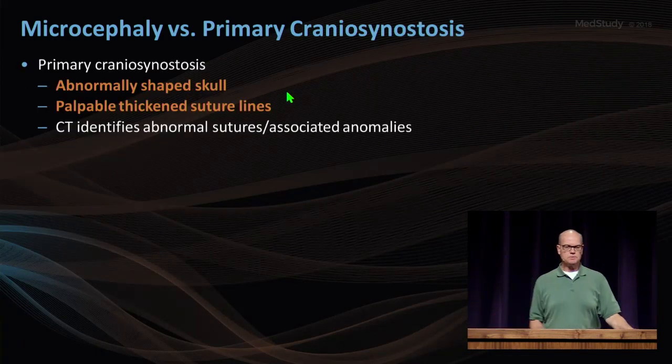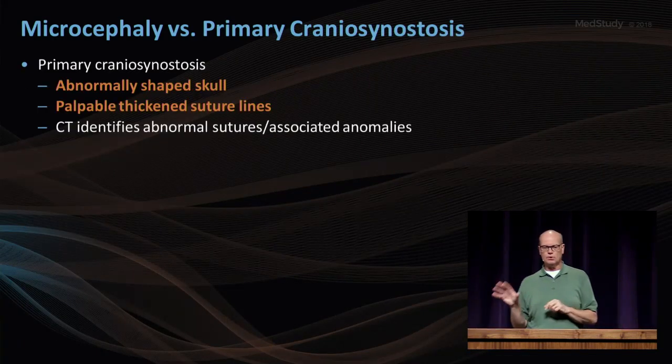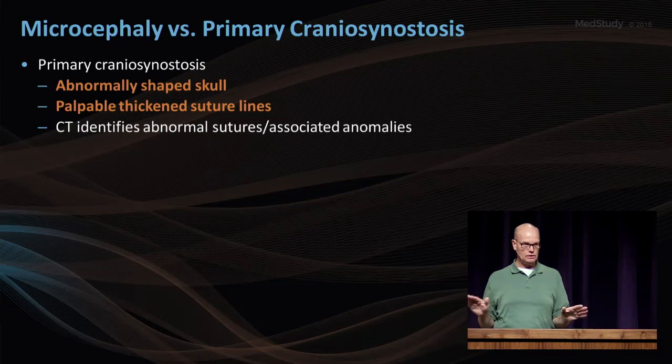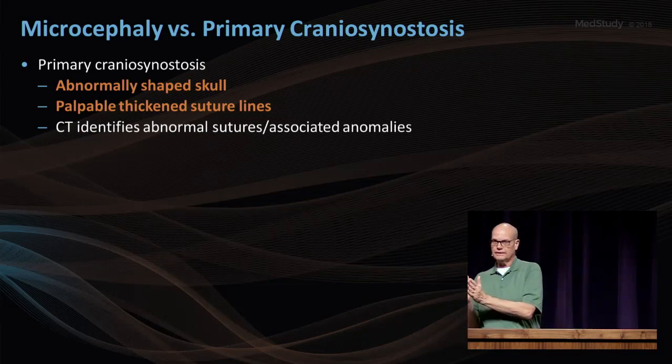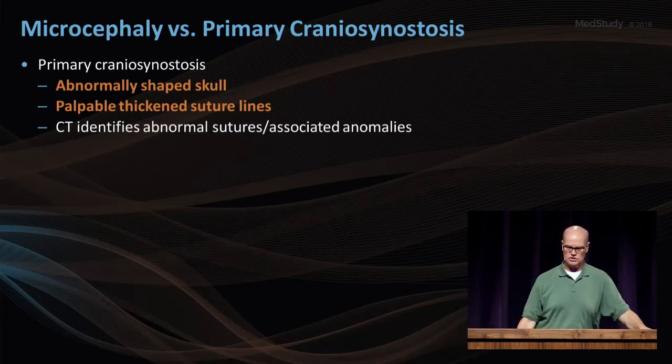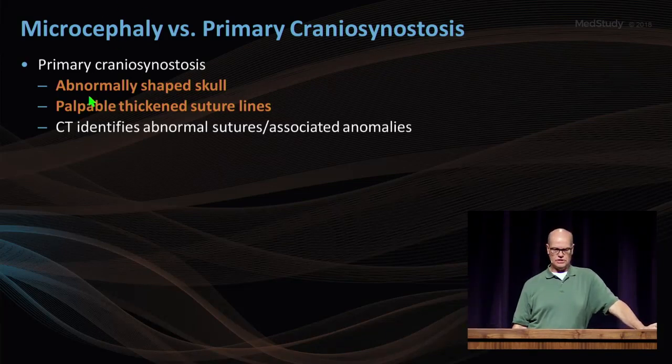Now, what's the difference between microcephaly and primary craniosynostosis? And this is important because the next best step is totally different depending upon whether you identify a child as microcephalic versus a child with primary craniosynostosis. The two key differences are the head is abnormally shaped with primary craniosynostosis. It's small with microcephaly, but it's not abnormally shaped.